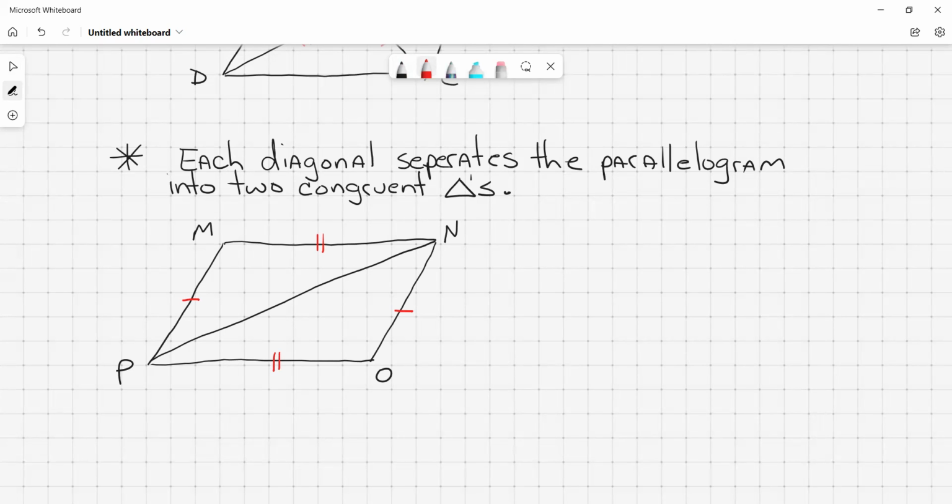So now, these two triangles that were just formed by this diagonal are congruent to each other. So the congruence statement would be triangle PMN is congruent to triangle, if we went P to M to N, we went across the side with one tick mark first, so it's going to be congruent to NOP. All right, those two triangles are congruent to each other.